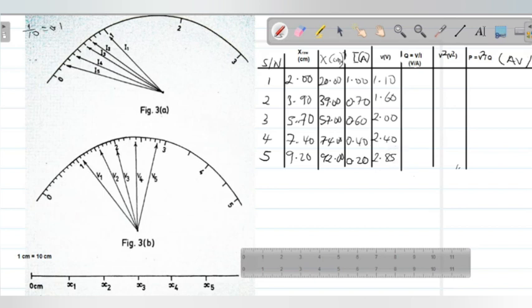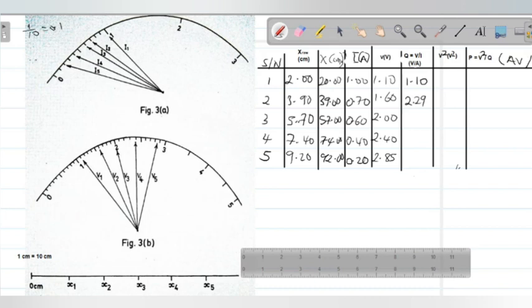So we evaluate Q. Q is equal to V divided by I. We divide this by this, and that's going to give us 1.10, which I'm taking to at least 2 decimal places again. I'll divide 1.60 by 0.70, which gives 2.29 to 2 decimal places.